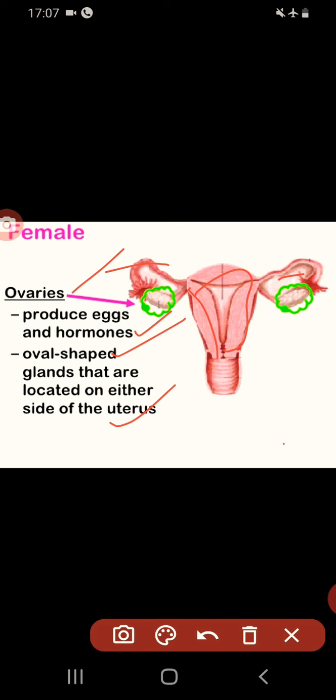Right students? Now the main function of the ovary is formation of ovum. The production of ovum or ova starts at the age of puberty. We discussed this yesterday. Usually one ovum is produced every month.